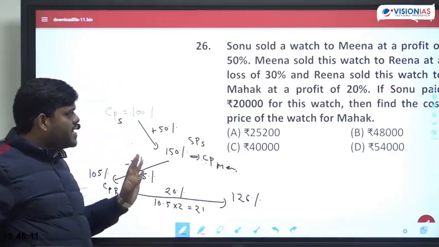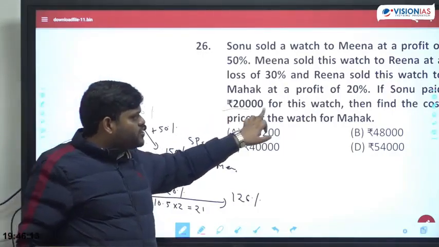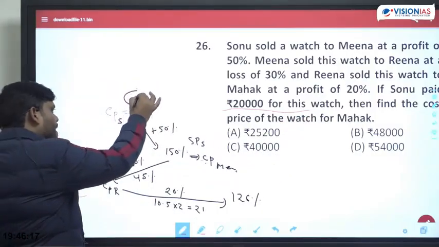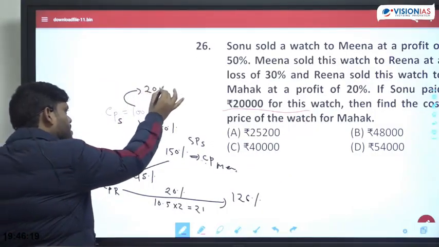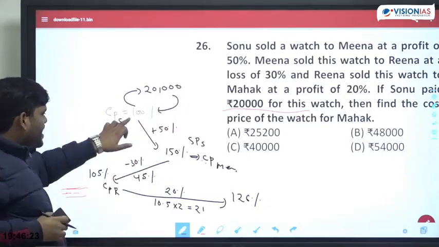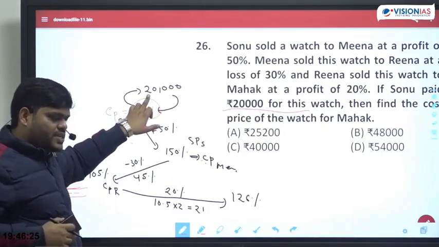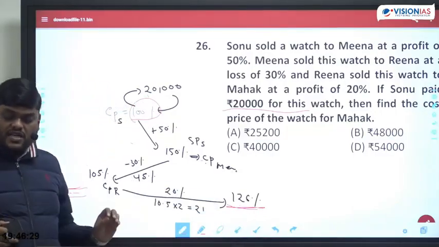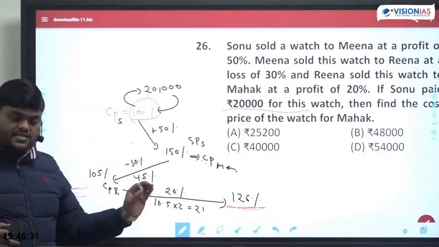The question is, if Sonu paid 20,000 rupees for this watch, how much did Sonu pay? Sonu's price was 20,000. That means the question is saying, if 100% is 20,000, what is the value of 126%?